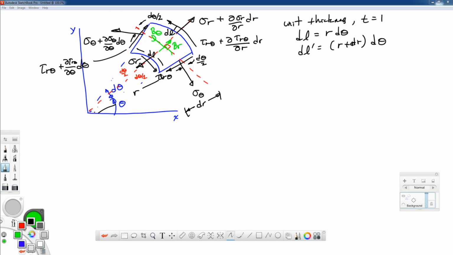In 3D, if I were to try to draw this in 3D, let's see if I can do that. Make this a little less steep here.